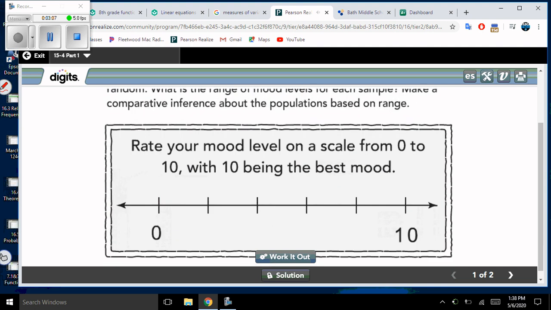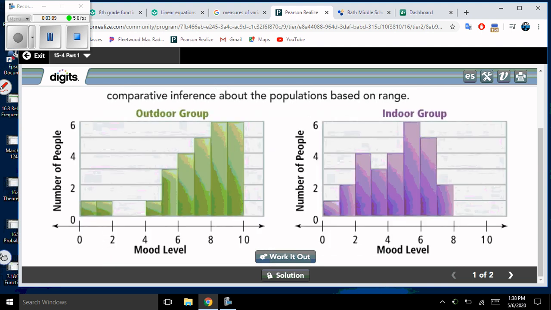Okay, so as you can see, what we've got here is they're going to rate your mood, and so we're looking at an outdoor group versus an indoor group. Now again, the bar graphs are just a little difficult to read. So we almost have to take a look at these and count: 1, 2, 3, 4, 5, 6.